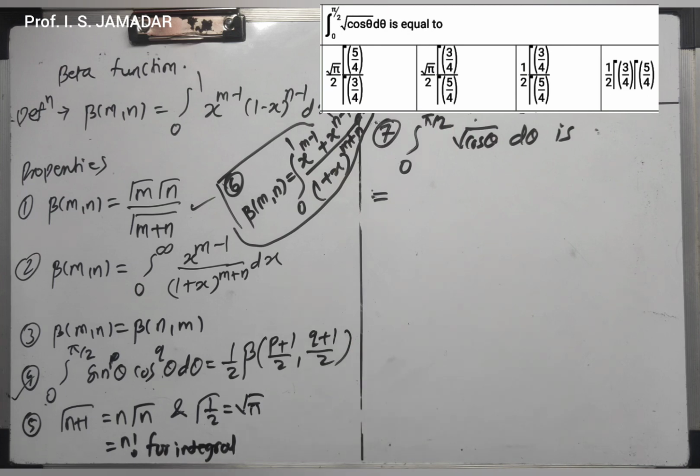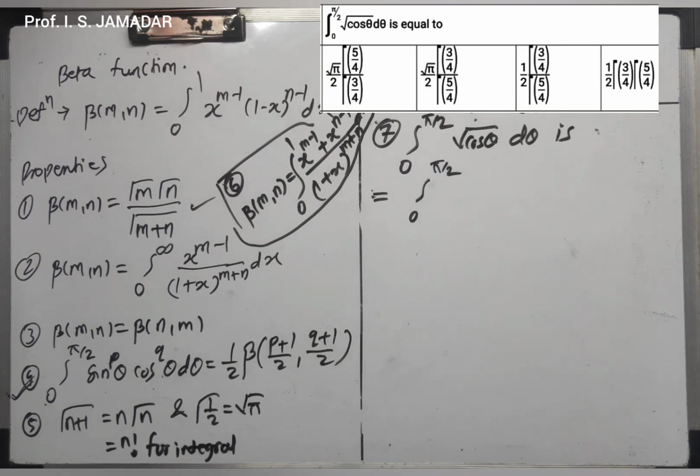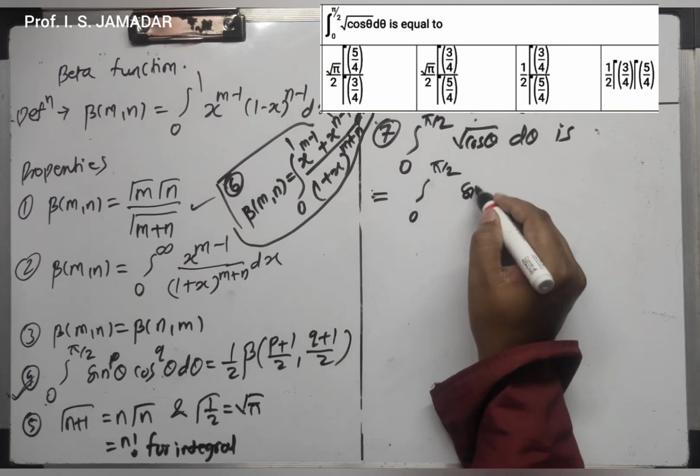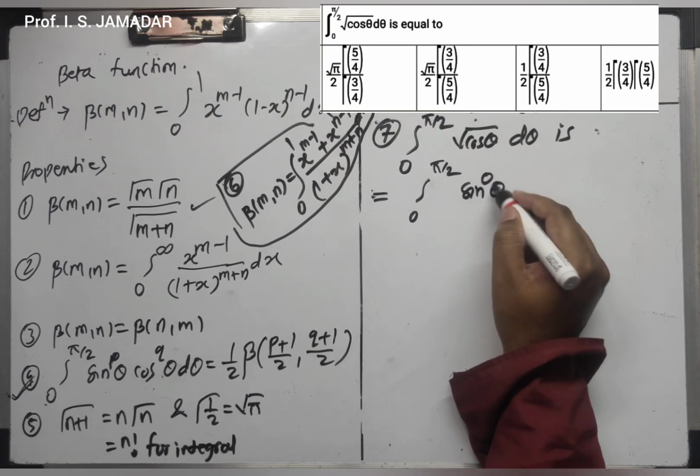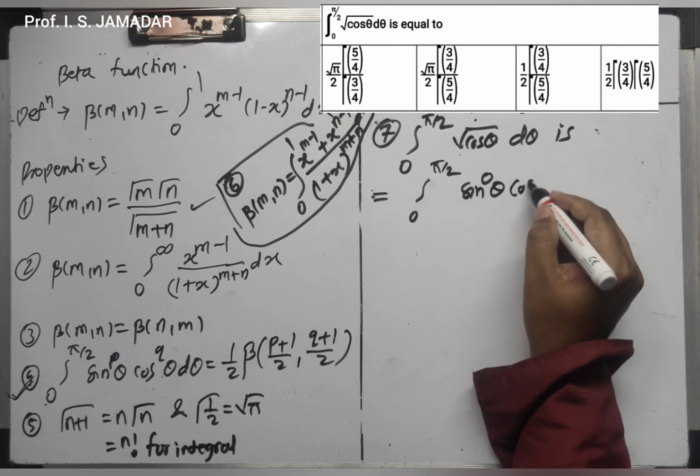So here it is trigonometry and the integration limits are 0 to pi by 2, means I have to use this fourth property, but for using that I have to write it in the form of sin raised to p into cos raised to q. So you can write it in this way: integration 0 to pi by 2, the sine term is not there, so we can write sine as sin raised to 0 theta, because sin raised to 0 is 1, and root cos is cos raised to 1 by 2.